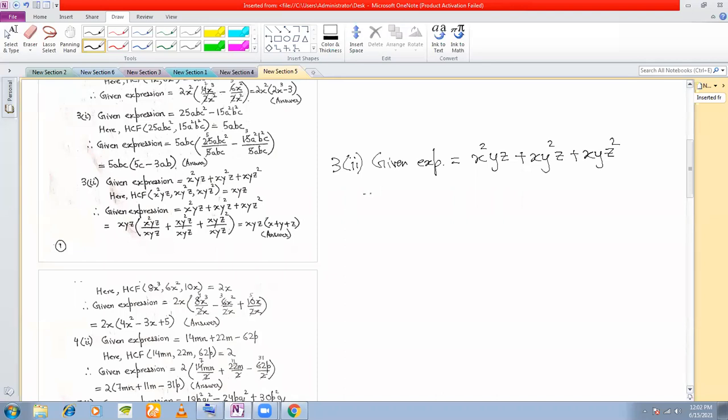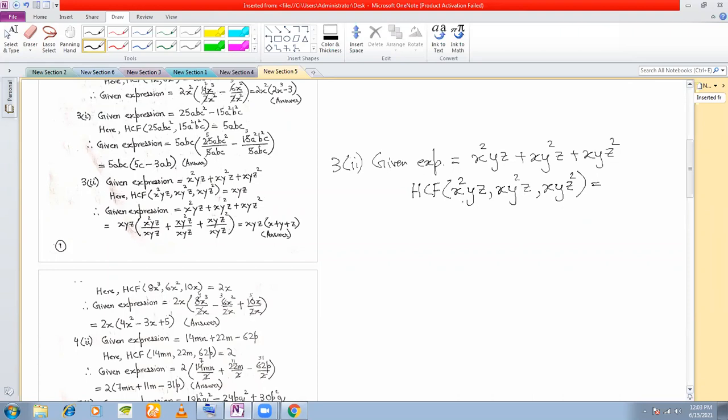Okay. Now in this, you see that there are 3 terms and all of them have x, y, and z, right? So what you do is you try to take out the HCF. So HCF of x square yz, xy square z, and xyz square.